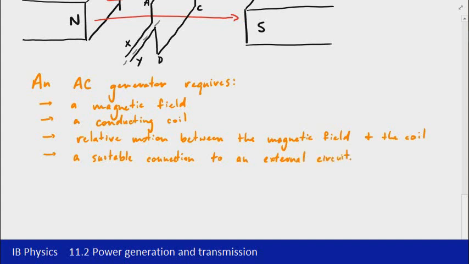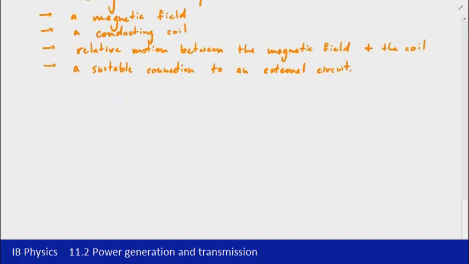Now, if we think about the diagram above, if wires were connected to those two points X and Y, those wires would very quickly become tangled as that loop continues to rotate.